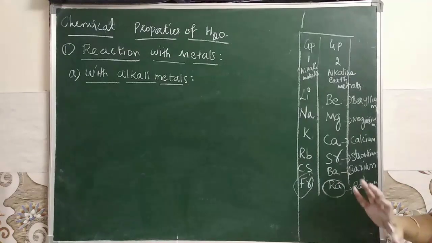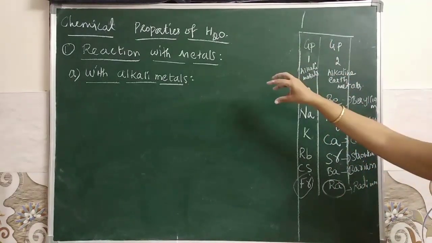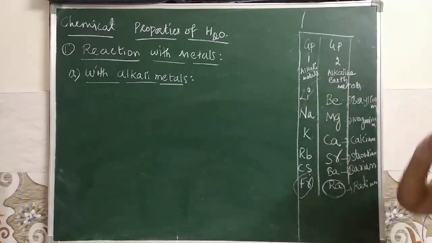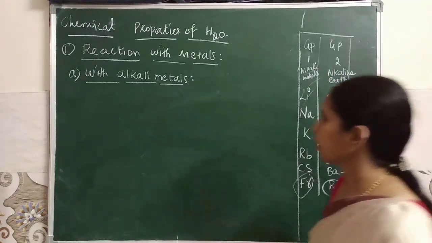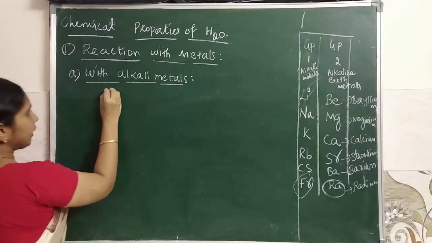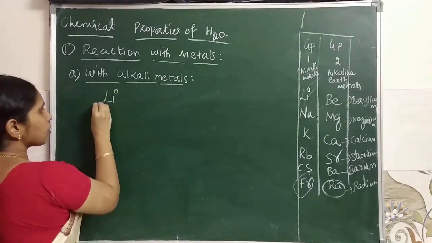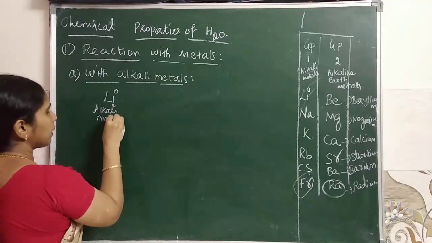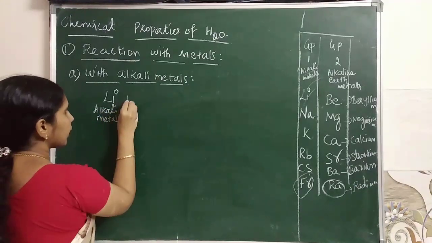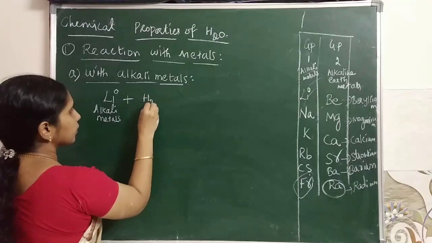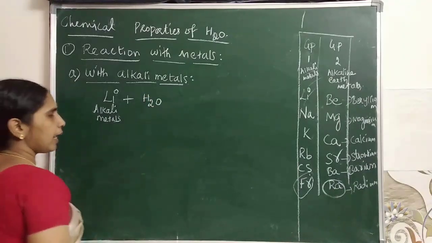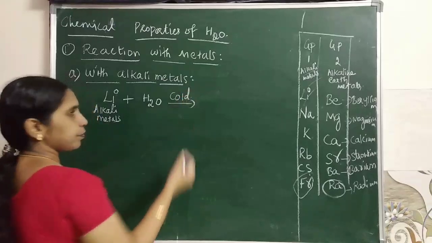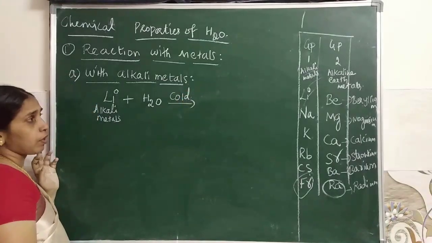First, the reaction of water with alkali metals. Any alkali metal you can check. If lithium is taken, lithium is one of the alkali metals and reacts with water under cold conditions.